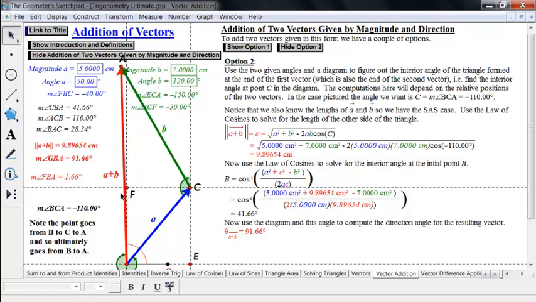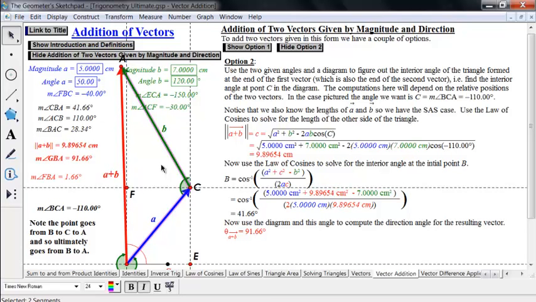and practice this. So two options. Option 2 that we're doing now is basically figure out the angle between the two original vectors, the way they're put together, and use the original direction angles. And you also know the lengths of the sides, so you've got side-angle-side. Use the law of cosines to find the other side and the angle.